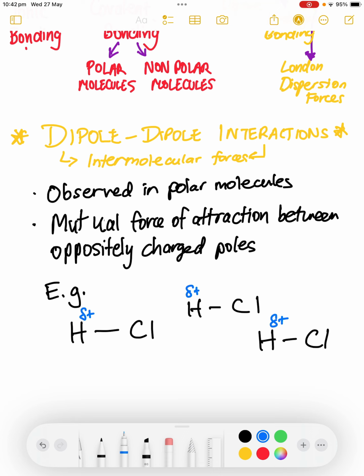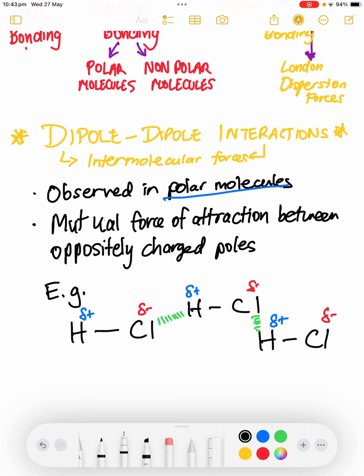This would be in a polar molecule, by the way, so these are polar molecules. All right, and Cl would be delta negative or electronegative. All right, so firstly, as I said, it's observed in a polar molecule. We can see HCl is a polar molecule as well. All right, there would be dipole-dipole interactions between the Cl and the H.